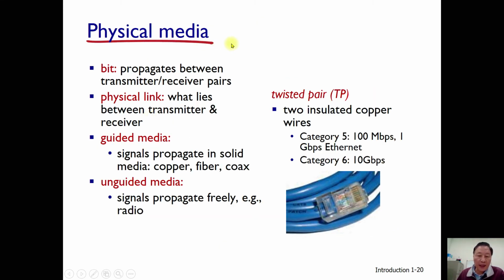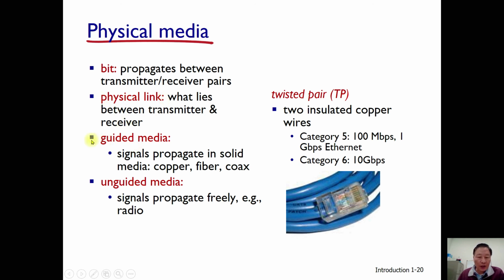Okay, let's think about physical media. There are many different kinds of physical media, and here let's look at this terminology, bit. This one is being transmitted between transmitter and receiver pairs, and a bit is an electrical signal that is propagated through the physical link between the transmitter and receiver.